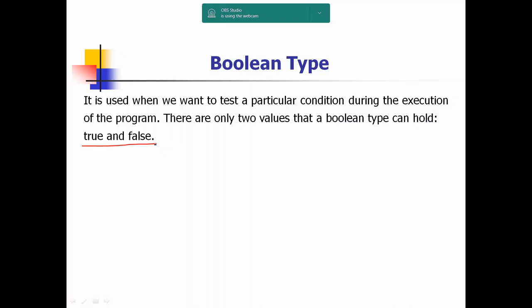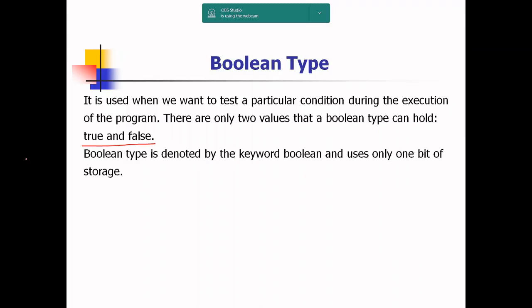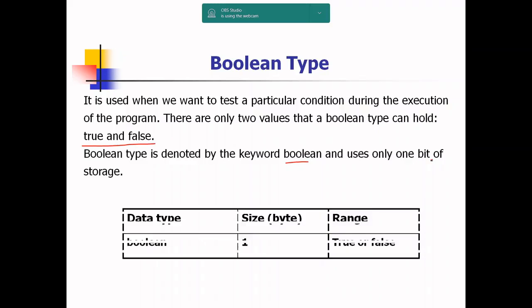It can have either true or false. So Boolean type is denoted by the keyword boolean and uses only one bit of storage. So that storage space which is taken by the type Boolean, it is only 1 byte, remember. And the values which can be stored in Boolean type is either true or false.